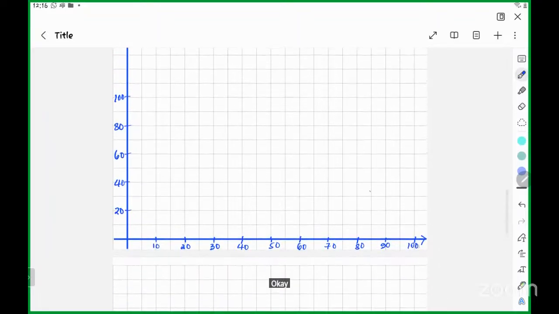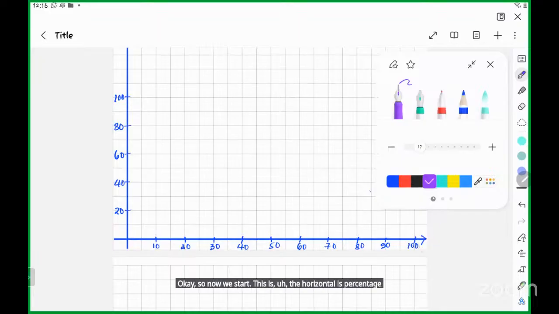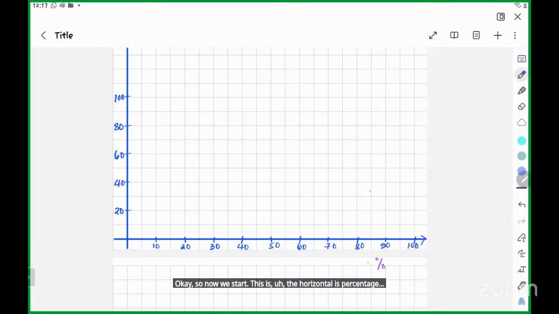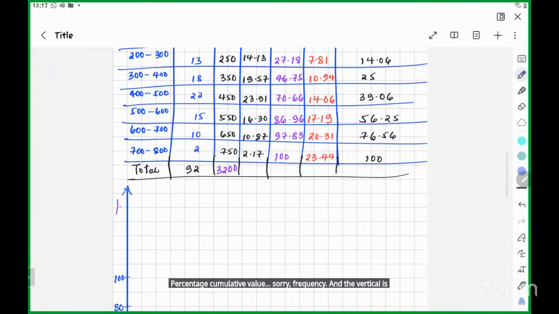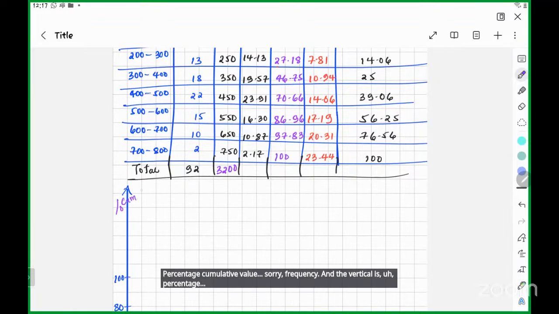So now we start. The horizontal is percentage cumulative frequency, and the vertical is percentage cumulative value.